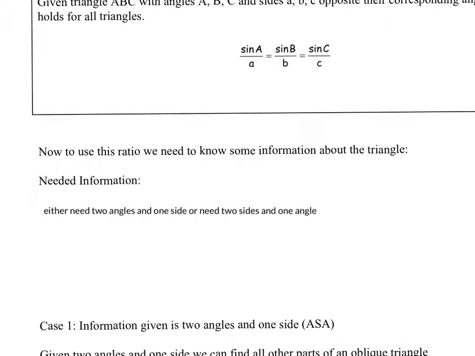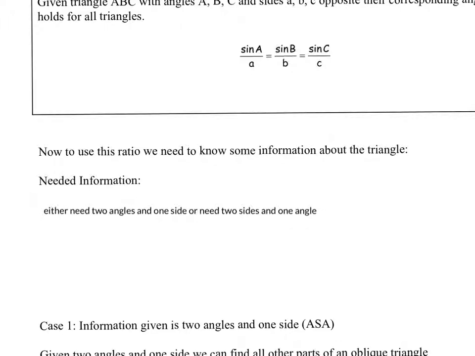In both of these cases, you have to have an angle. The law of sines cannot be used if you don't have at least one angle. We're going to go more into each case and talk about what's called the ambiguous case.